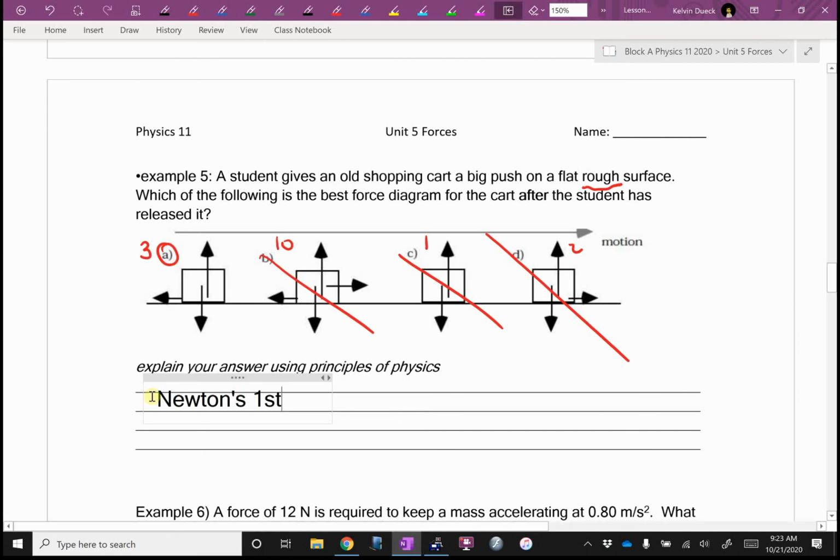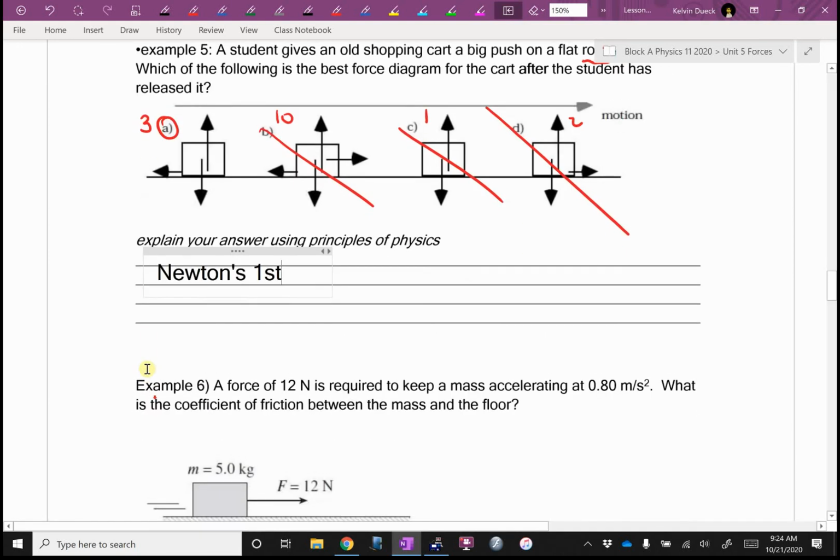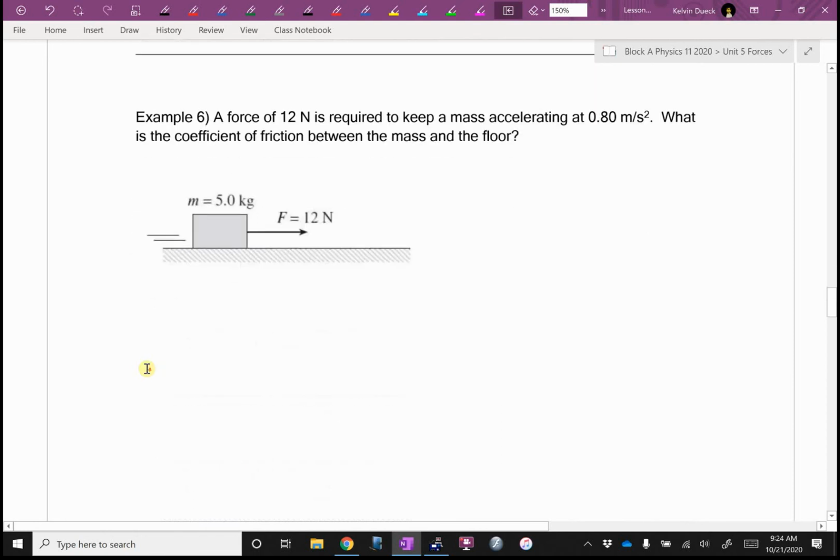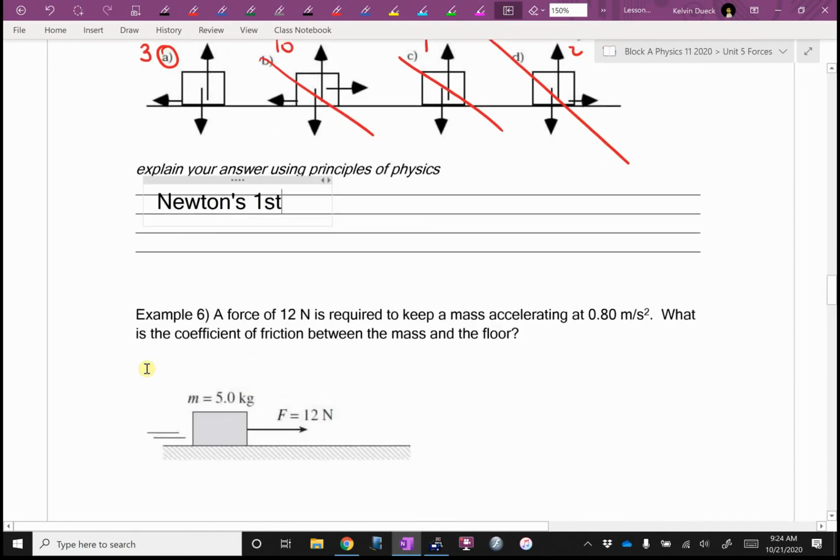Okay. Warning. If you sign up for Physics 12, I'll get you on this again. In a different way, but I'll get you. By the way, if you couldn't remember that we used Newton's first, because was it first or third?